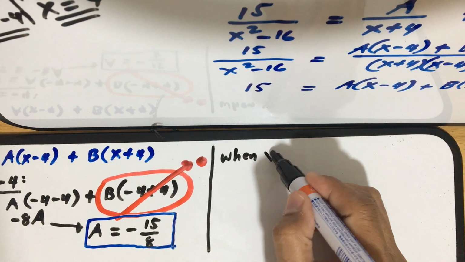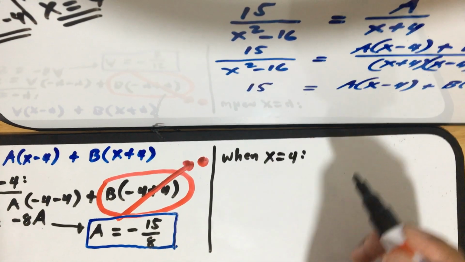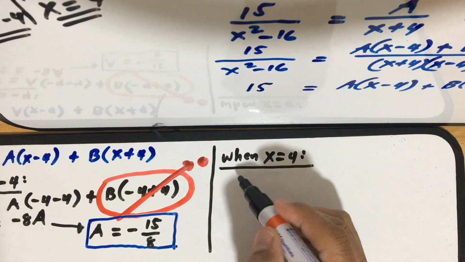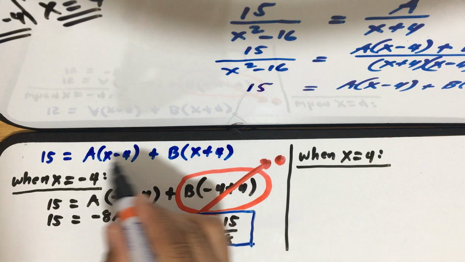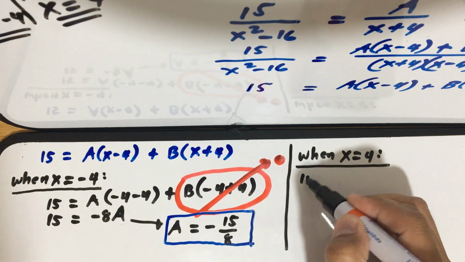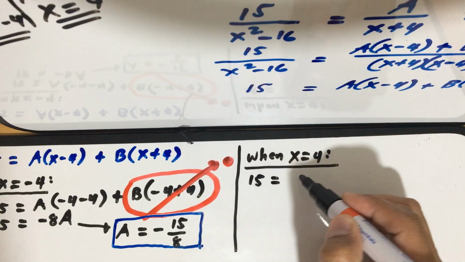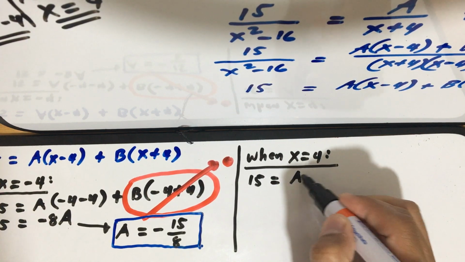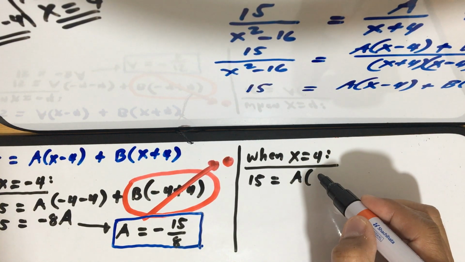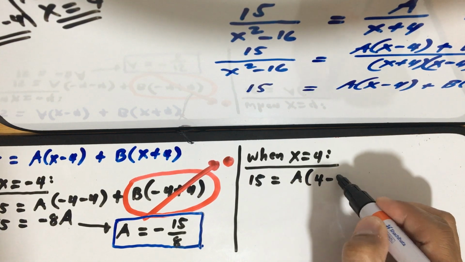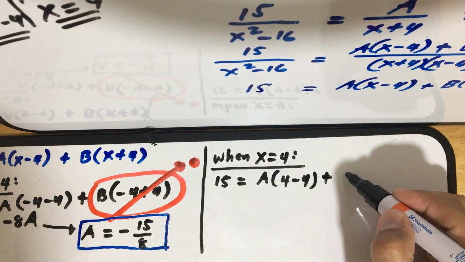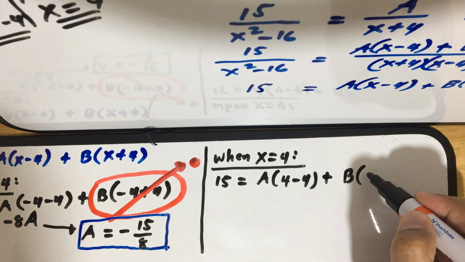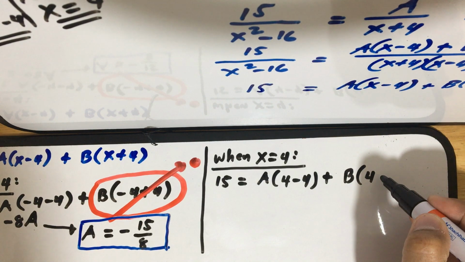When x is equal to positive 4, substituting into the resulting equation, we have 15 equal to a times (4 minus 4), plus b times (4 plus 4).